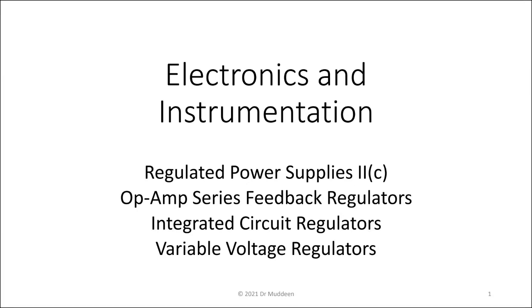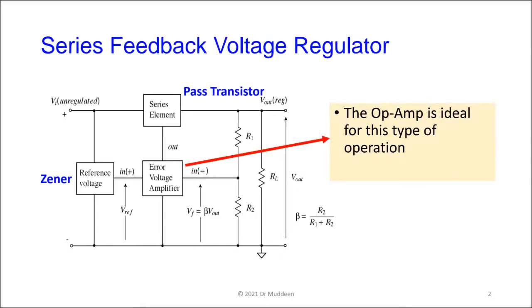To isolate the output voltage from the variation in that pass transistor, we introduced the series feedback voltage regulator, where we added an additional transistor. The block diagram has an error amplifier in the middle of the circuit.